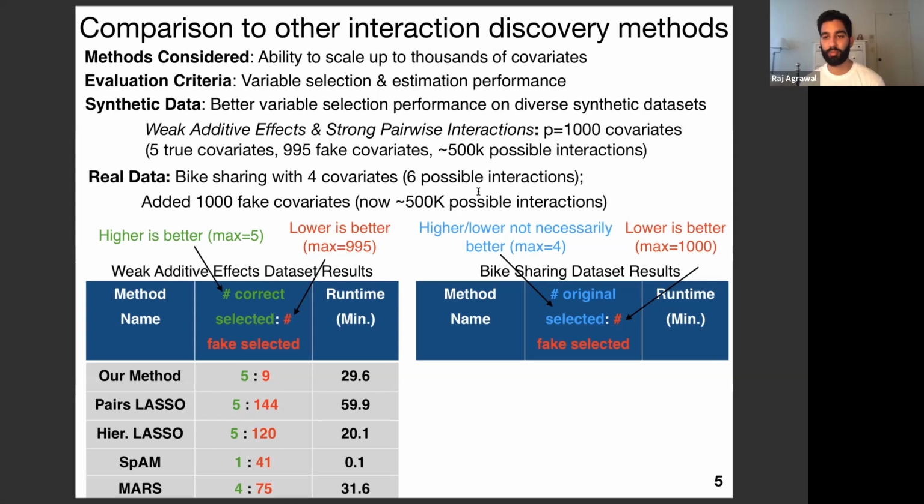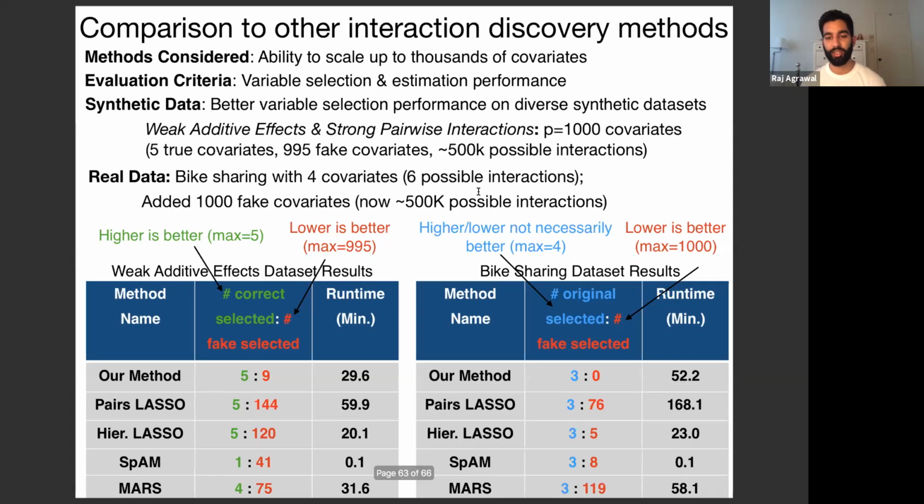And here lower is better, and the max you can have is 1,000. So when we do this comparison, our method actually doesn't pick up any of the fake covariates, whereas the other methods pick up at least some fake covariates. And in terms of runtime, it's similar to the other methods shown in the synthetic data example.